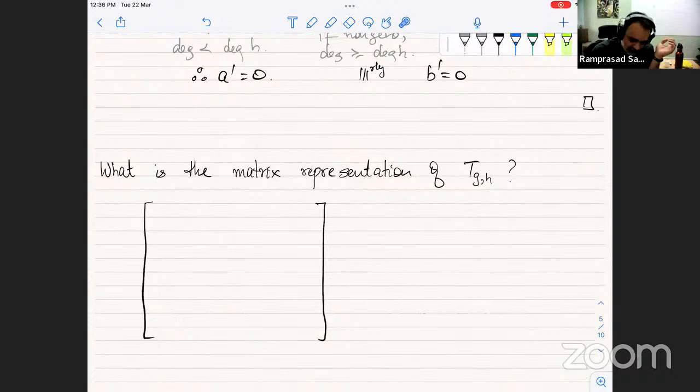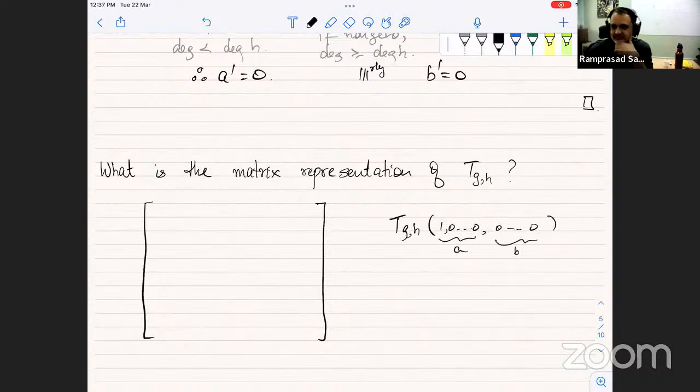For instance, what is the map T_{G,H} when I act on the vector (1, 0, 0, ...) and then (0, 0, ...)? So this is my A and this is my B. This I want to think of as a polynomial which is a constant 1, and this is the 0 polynomial. So what should I end up getting? I should be getting 1 times F plus 0 times G, which is equal to F.